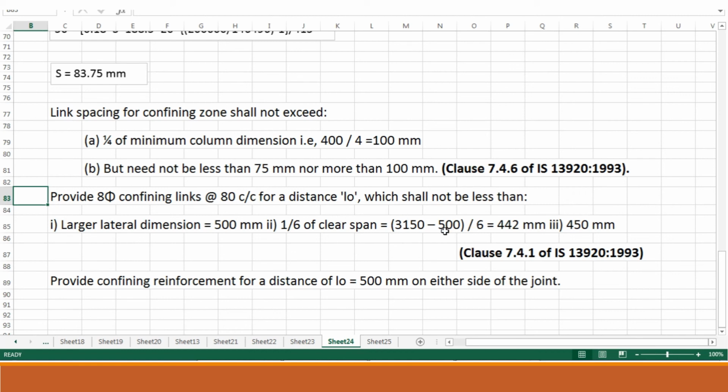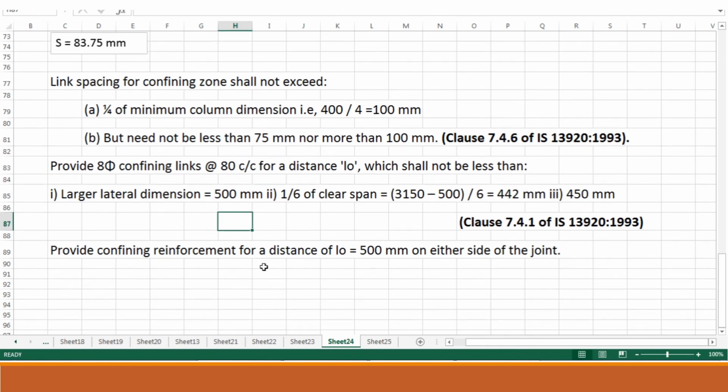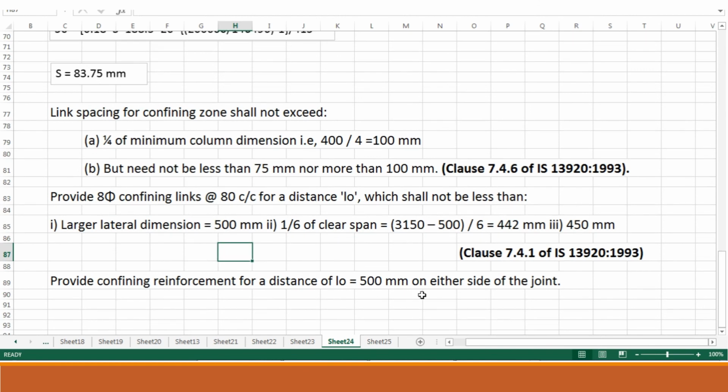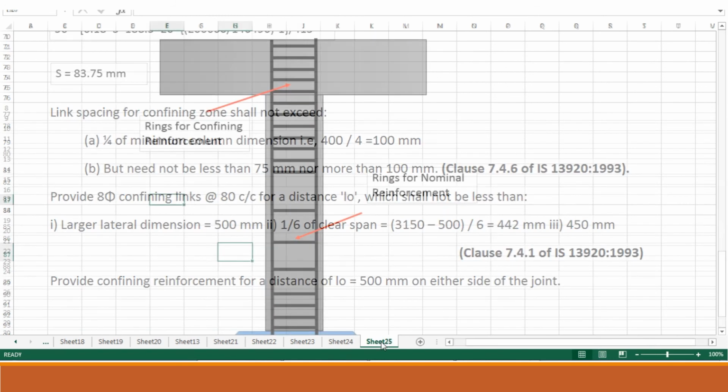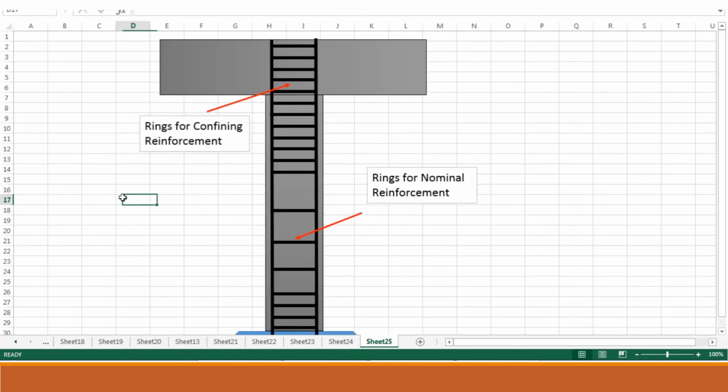It's 3150 minus 500 divided by 6, it's 442 mm, or third one is 450 mm. Provide confining reinforcement for a distance of L0 equal to 500 mm on either side of the joint. So we would be providing the maximum of all these, 450, 442 and 500. We are providing on either side of the joint. So this is what we are providing actually.